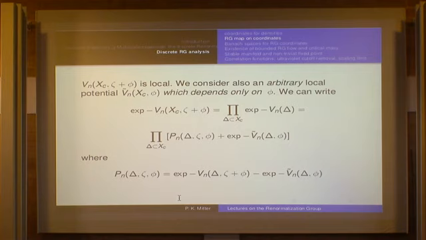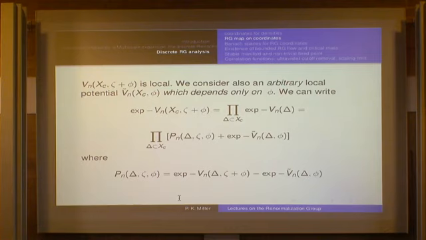What we do now is to consider this as a product, since it's local over all the blocks in the set X^c. And then we write this as the difference of V_n and V tilde over there plus the V tilde.